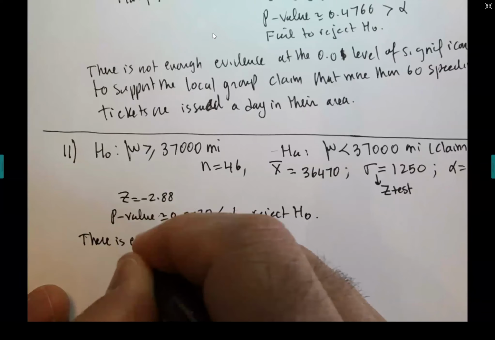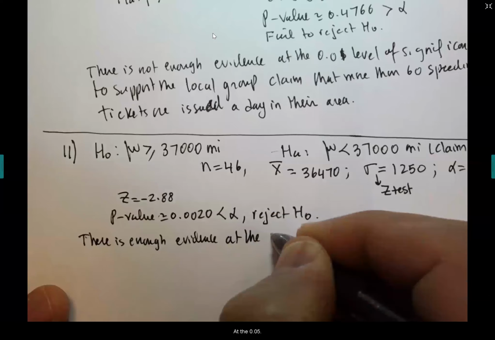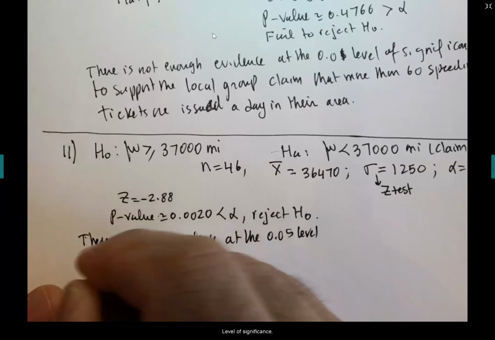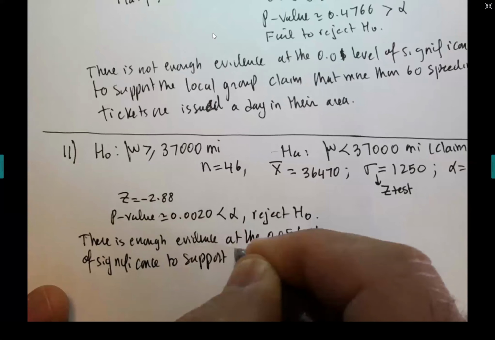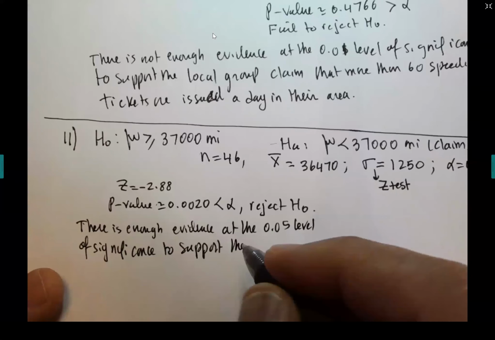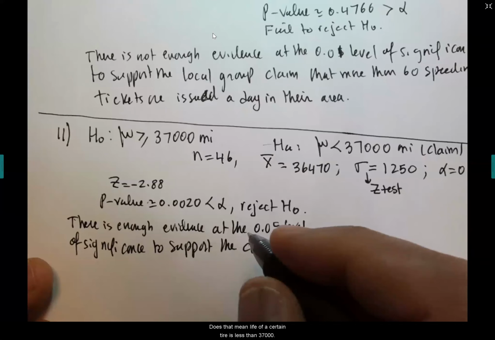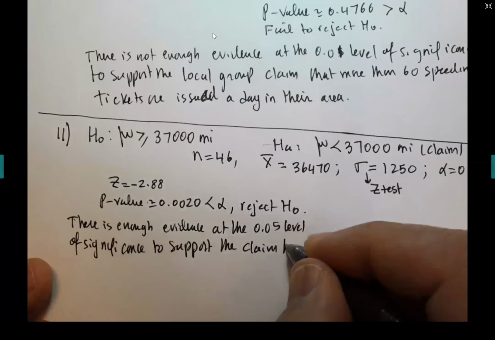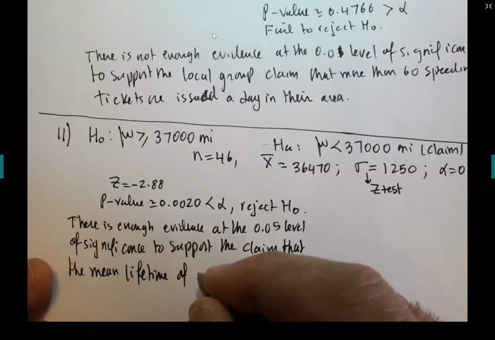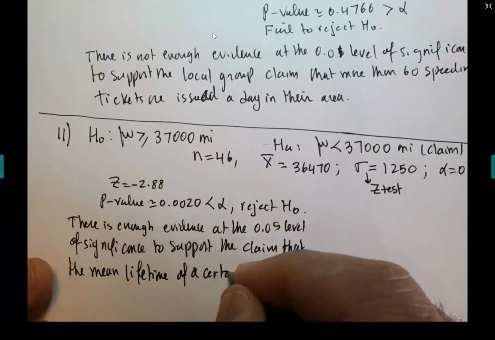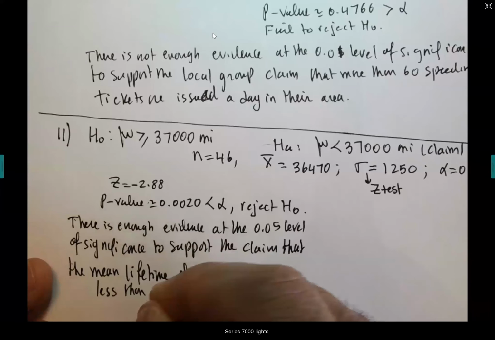There is enough evidence at the 0.05 level of significance to support the claim that the mean life of a certain tire is less than 37,000 miles.